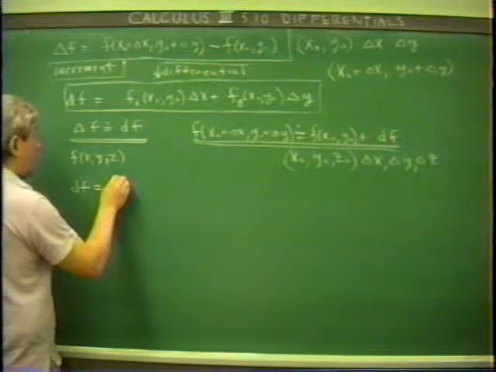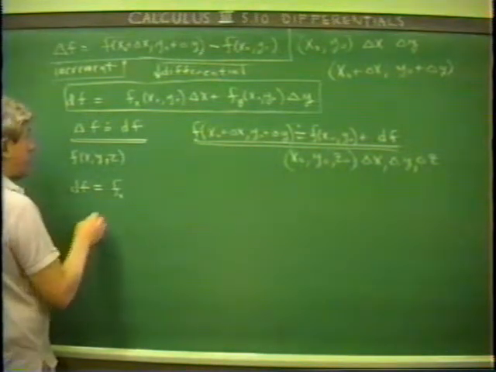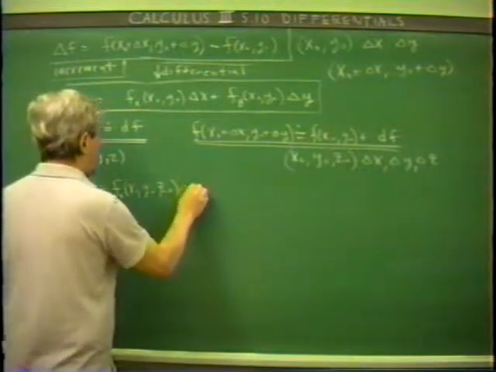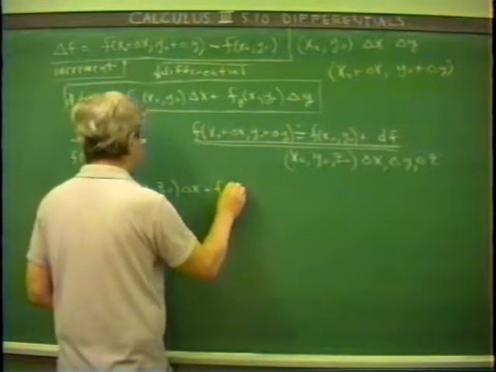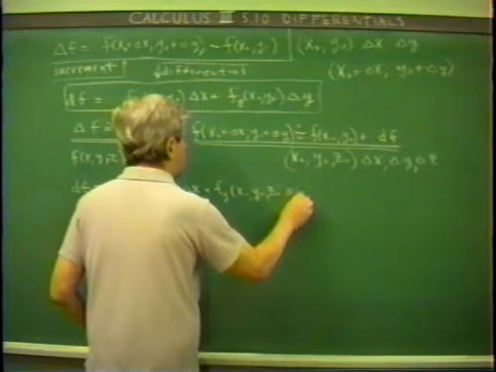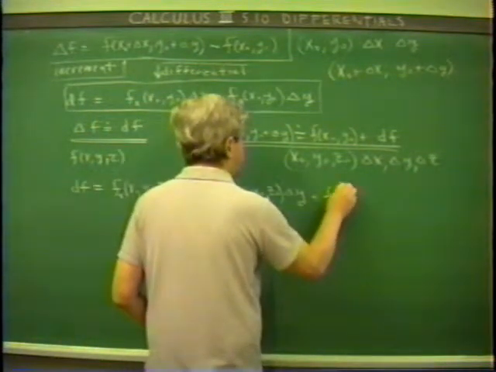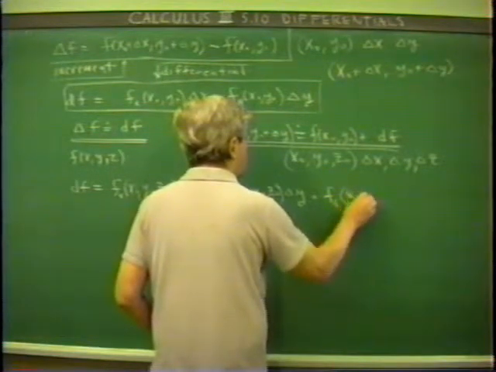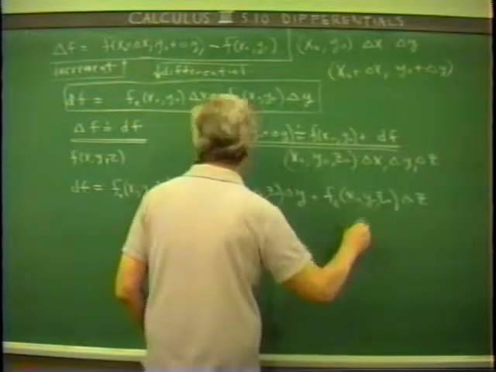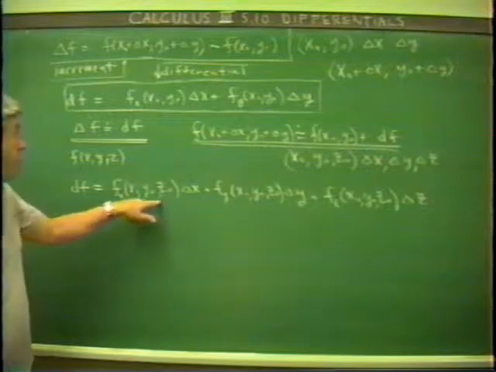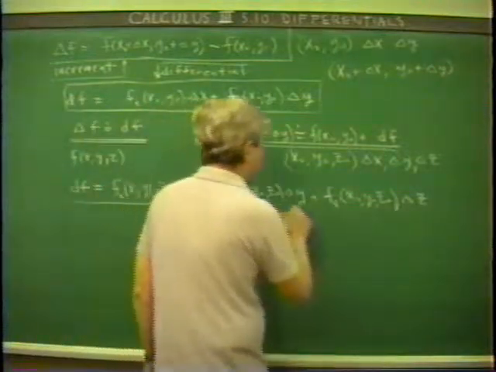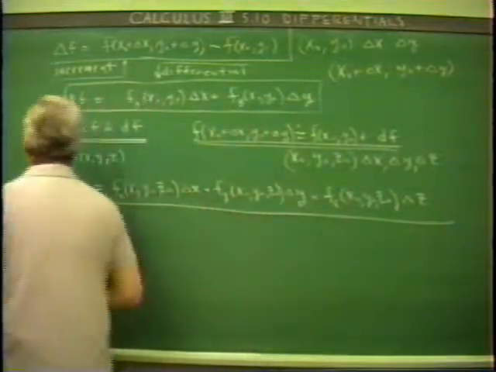Then the differential of f is equal to the partial of f with respect to x at x naught, y naught, z naught, times delta x, plus the partial of f with respect to y at x naught, y naught, z naught, times delta y, plus the partial with respect to z at x naught, y naught, z naught, times delta z. And here you can note that this differential depends on six quantities: x naught, y naught, z naught, delta x, delta y, and delta z.